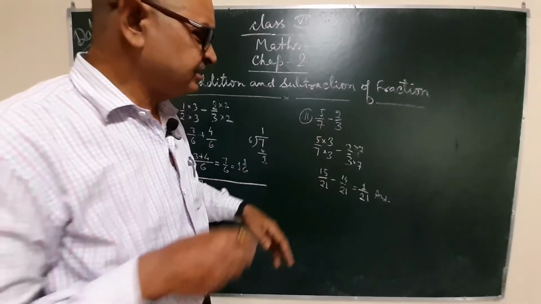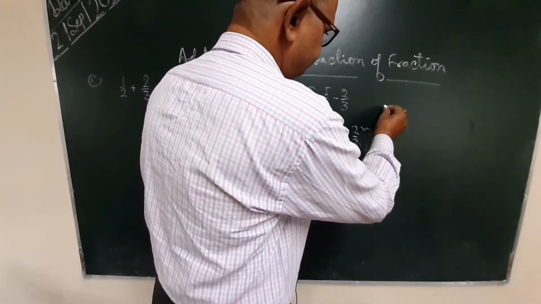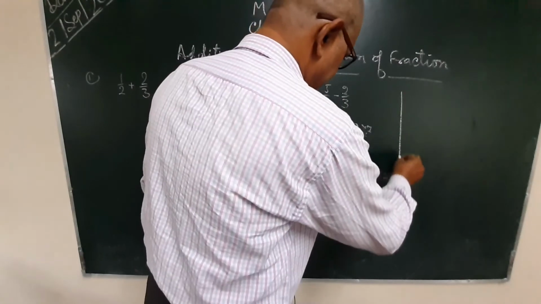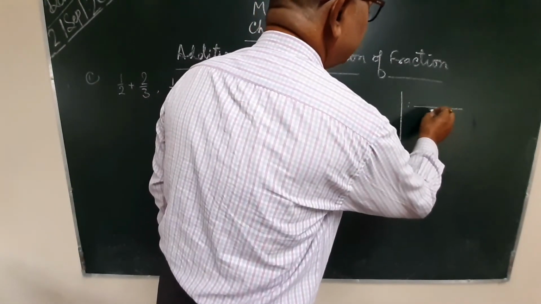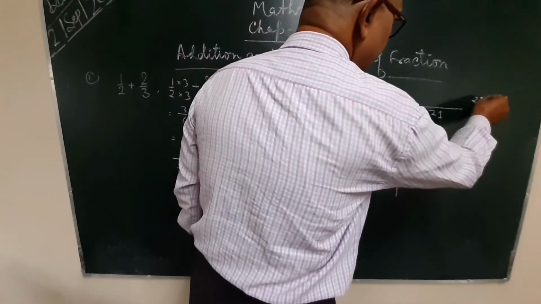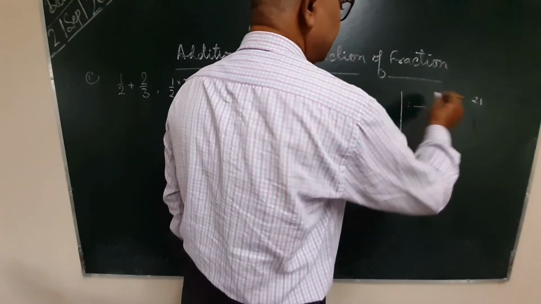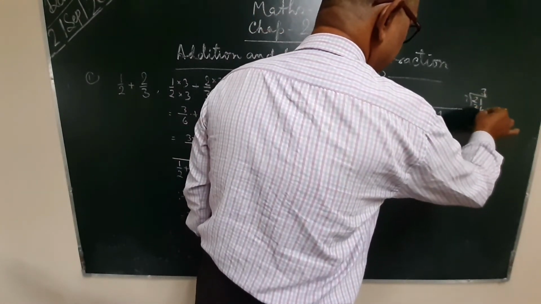This is also easy. We take the LCM of 7 and 3. When we take the LCM of 7 and 3, that is 21. This 21 divided by this denominator 7, 7 threes are 21.